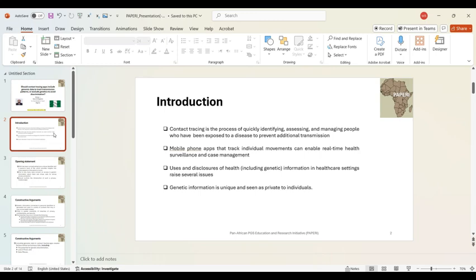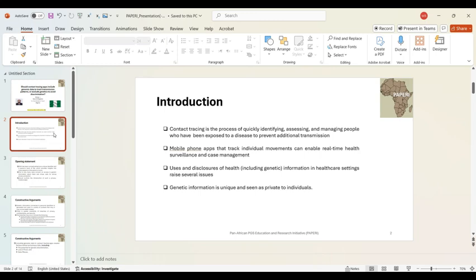For the purpose of this, contact tracing is the individual meeting of those that have been in contact with an infected person. To cover a wider area, contact tracing apps have been used because they can enable real-time health surveillance and case management.